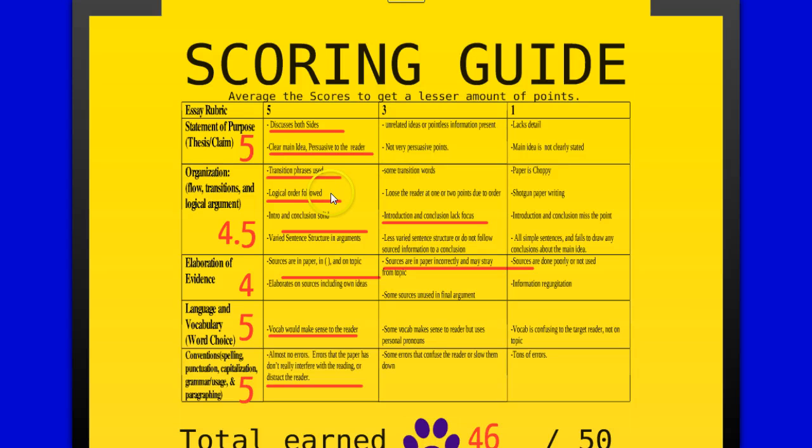As you continue down the bullet points, you want to know if the order follows, does the introduction and conclusion fit, if it's a varied sentence structure, and then what you do is you add them all up. So you got a 3, you got a 5, you got a 3, as I calculated that's 11, and then let's say down here you got a 5.